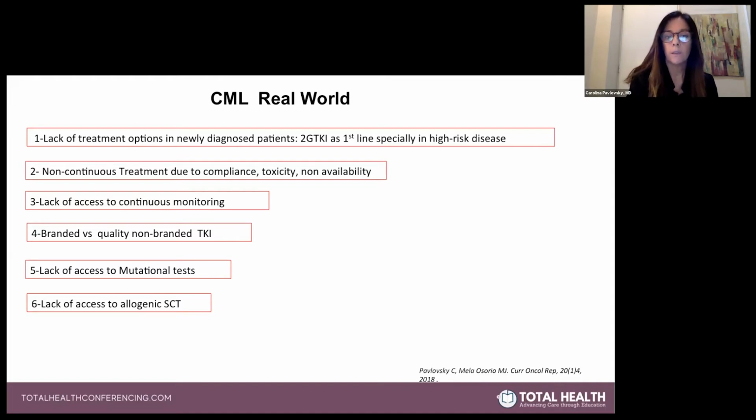Also, branded versus non-branded quality TKI was, a few years ago, a very important debate, and we're going to show more in future slides about this. Lack of access to mutational tests and lack of access to allogeneic stem cell transplant are also some of the issues in the real world.